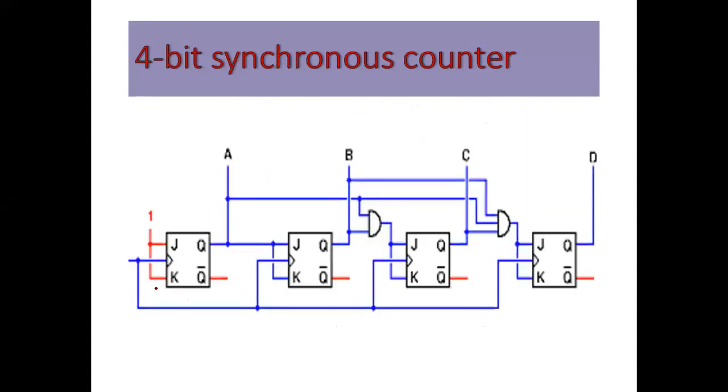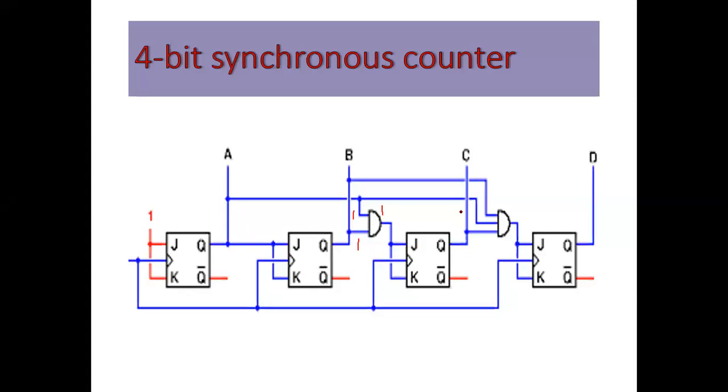See, J and K are connected to 1, and then Q is connected again to J and K. The Q of the second flip-flop is connected to this point, and QB is connected here as well as QA. So when you get 1 1 here, you will get 1 here, that is connected to the J. And what about here?